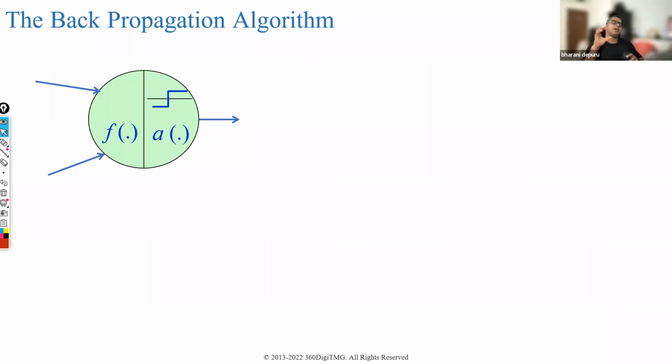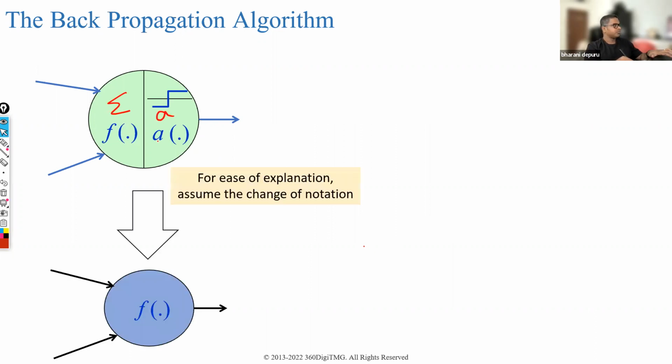Now let us understand this backpropagation algorithm. Of course, every neuron will have an integration component and an activation component.